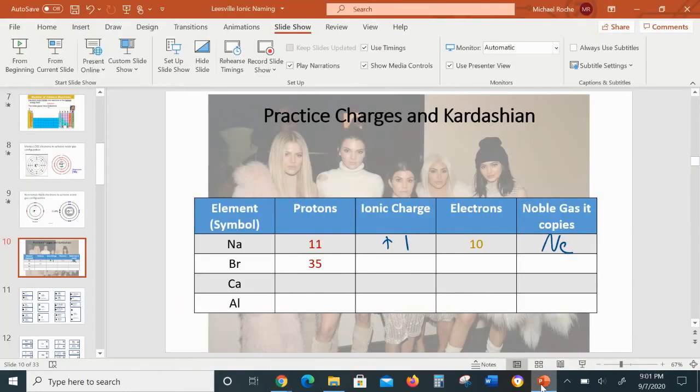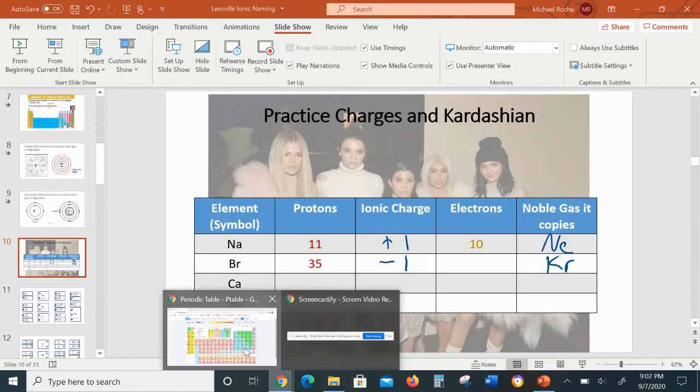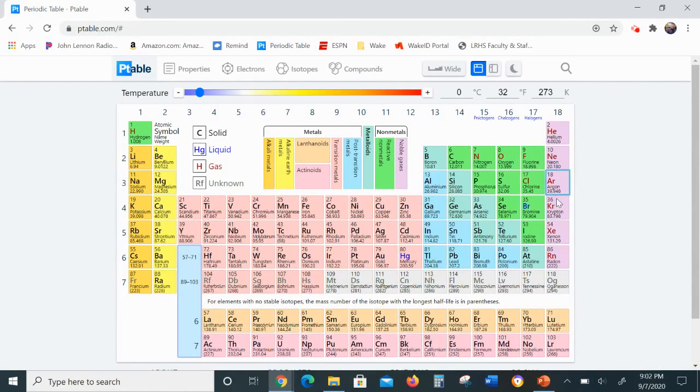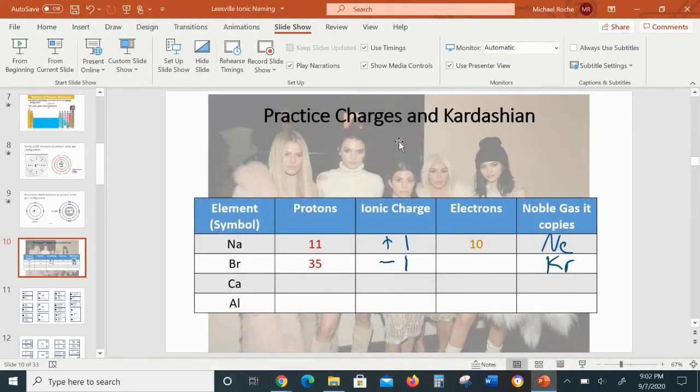And in doing so it wants to be like krypton, it's going to have a charge of -1 because it picked up an electron, and the total number of electrons it's going to have are the same as krypton, 36. Okay, so its electron count will be 36. It has to keep 35 protons or else it'll become something else. But because it has 36 electrons, it has a charge of -1.